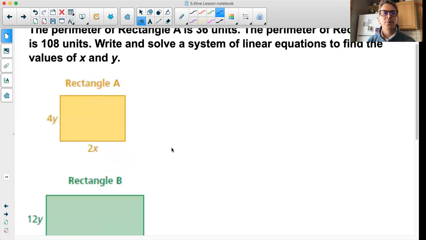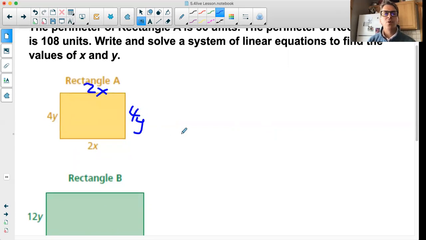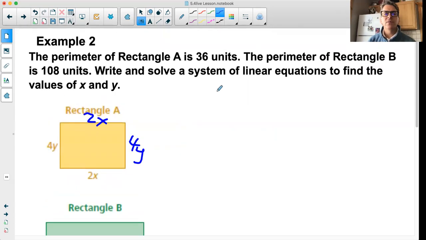Okay, so we're going to have to put together, this is a rectangle. It says this side is 2x. So if that's 2x, I know that this is 2x. And if this is 4y, I know that this is 4y. And it says the perimeter, which is the distance around the rectangle, is 36.